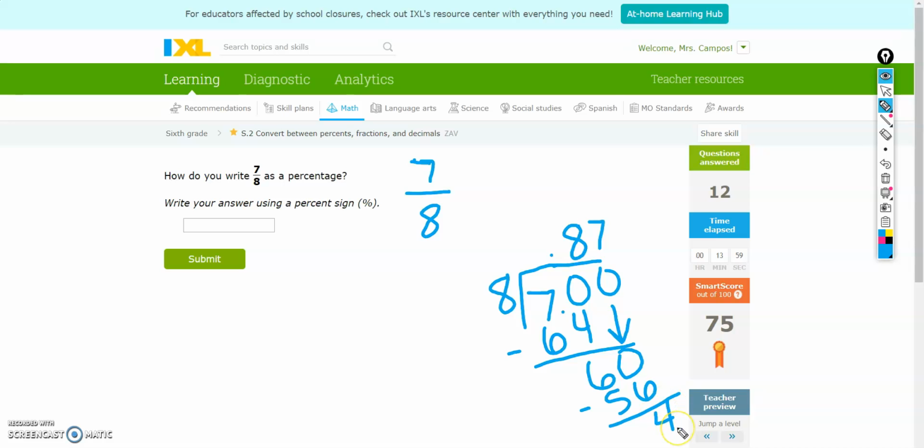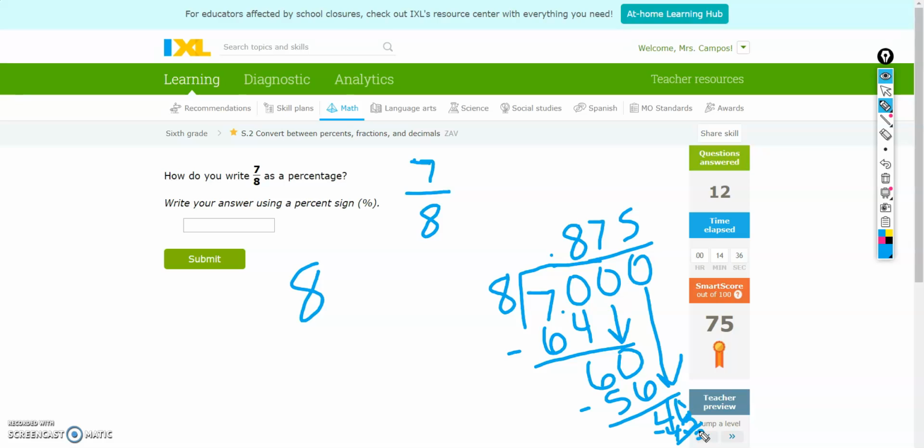Now we can obviously borrow, but we should know that that's 4 away. Now I can put a 0 and continue. Oh, I put the 0 in the wrong spot, of course. Put a 0 and bring it on down. Now we need to move the decimal. It's getting hard to write down there.